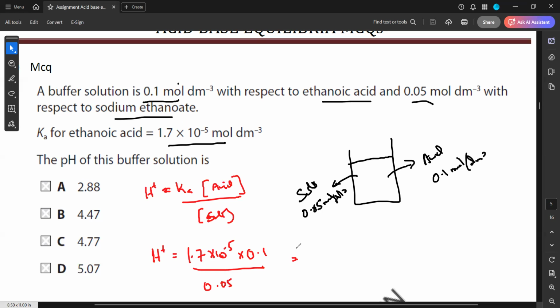What's the hydrogen ion concentration? 1.7 times 10 to the power negative 5 times 0.1 divided by 0.05.